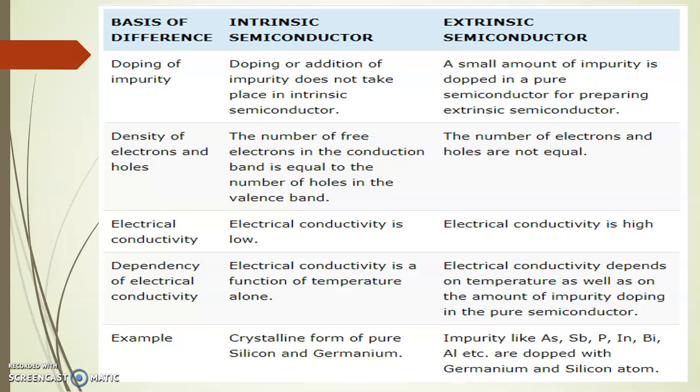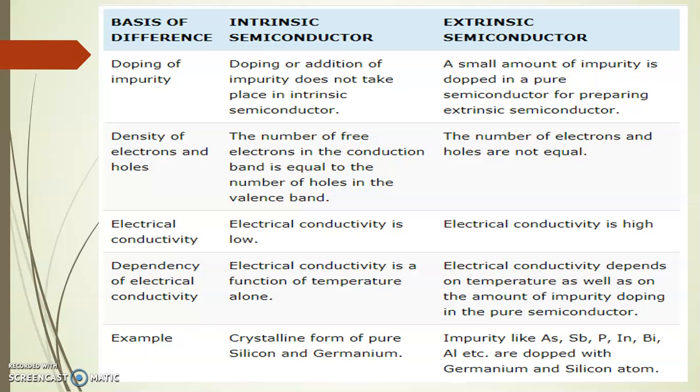In this process, the impurities are added to the pure form of silicon or germanium. The purest forms of semiconductor are silicon and germanium. The impurities are the materials used to dope the intrinsic semiconductor materials.